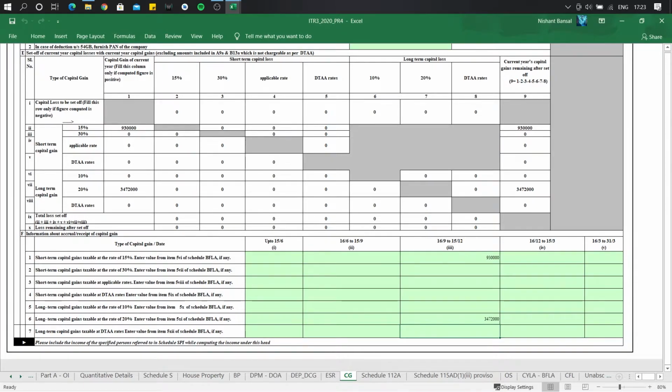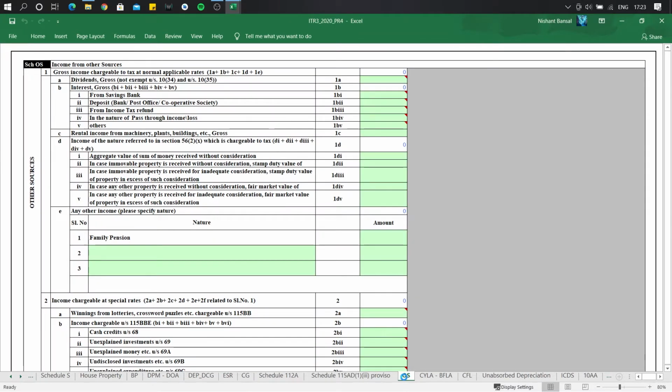So now let's move to another head, that is income under the head other sources. So let's jump over to the other sources tab. Okay, so the first one is gift received from father.